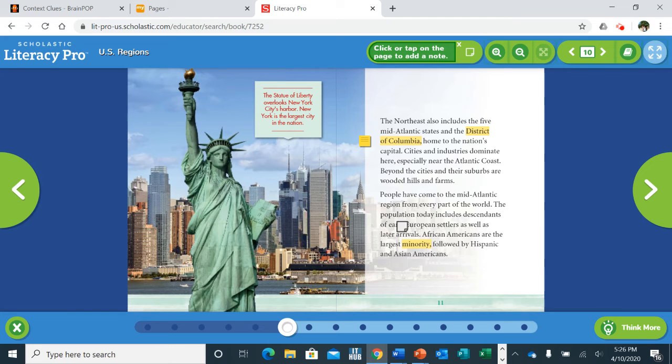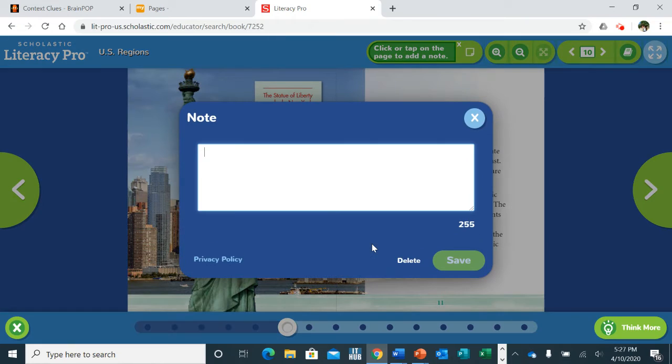All right, and then I wanted to take a look at this word minority. I was just talking about this word minority in a different context when I said that cities and industries dominate. To dominate means that there's more than something else, more than the majority. I use the word majority. So the word minority is the opposite of majority. Majority means the most of, and minority would mean the least of.